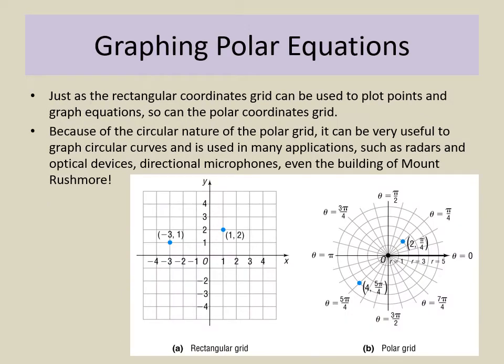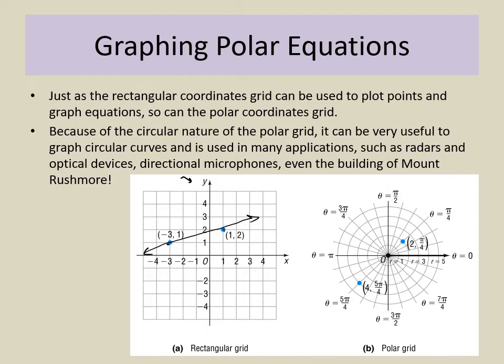Okay, so we know that we have a grid for rectangular coordinates. That grid is the XY grid, and we used to plot our points there and then, let's say, graph a line, or use that grid to graph any equation we want.